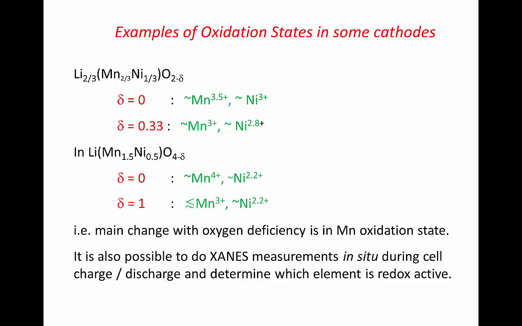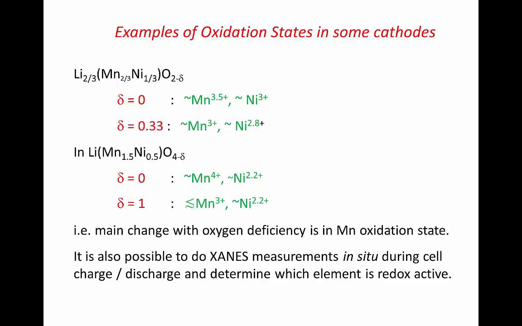And you can see there that depending upon the oxygen content, the manganese oxidation state is the one that mainly changes in each case, with, depending on the material, the nickel oxidation state may be close to 3 or close to 2. So as well as doing measurements on materials themselves, this is also then very useful as a way of studying the changes in the cathode during charge-discharge of a battery.